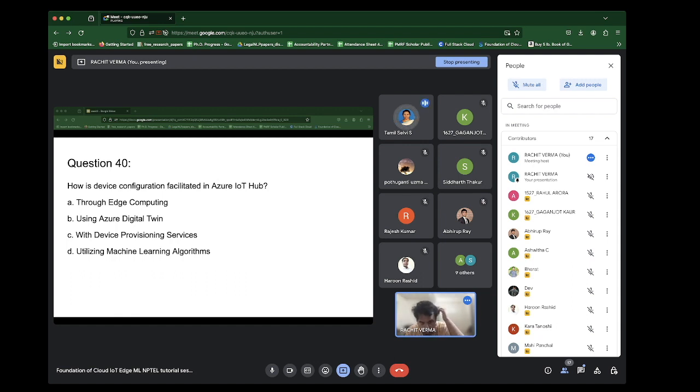So through edge computing? No. Specifically in the Azure IoT Hub, it is done using Azure Digital Twin. Basically, a digital twin of the device is maintained in the cloud, and through this, device configuration is facilitated. A digital twin is like the exact copy of the state of the device. Utilizing machine learning algorithms is not really specified in your lecture. Maybe it does it, but it's not specified in the lecture, so we cannot be sure of this.